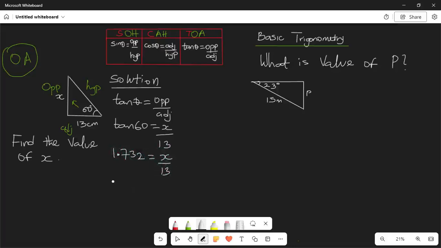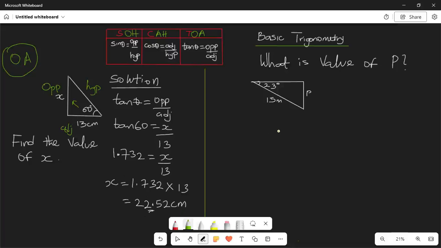If you cross multiply, we are going to have x equals 1.732 times 13, and that is going to give us 22.52. Remember the unit, centimeters. So that is the value of our x.